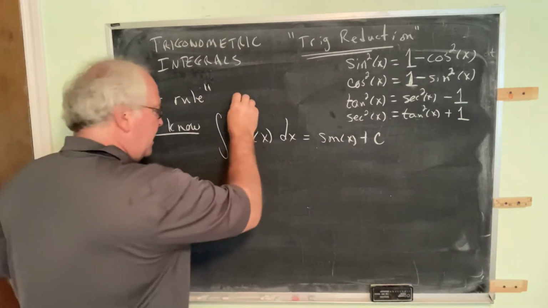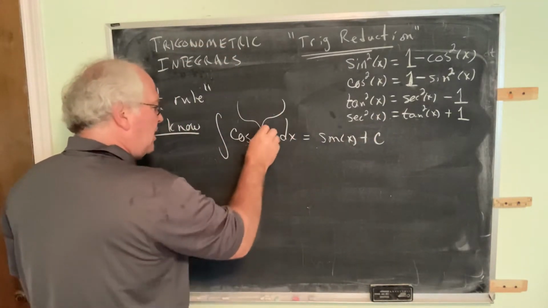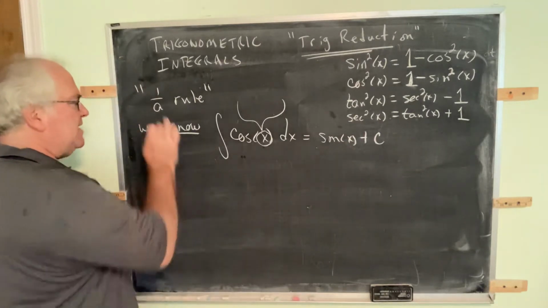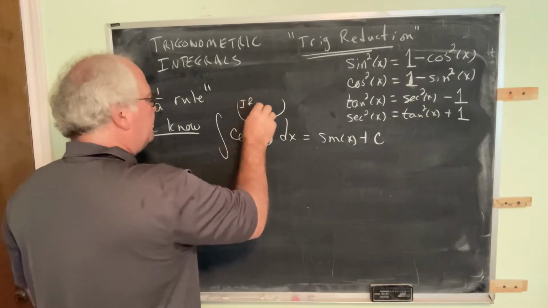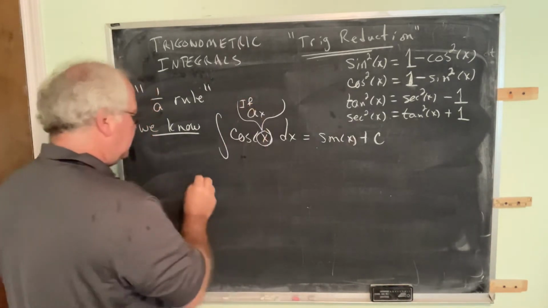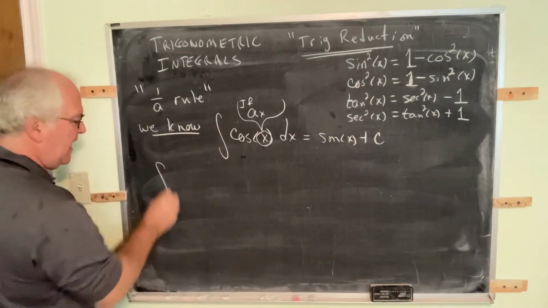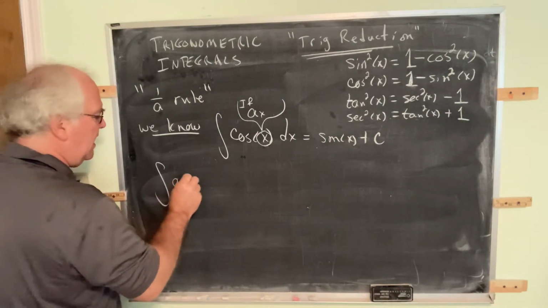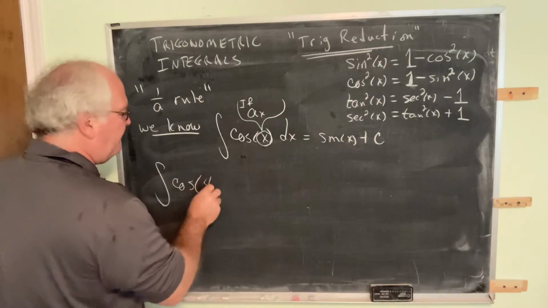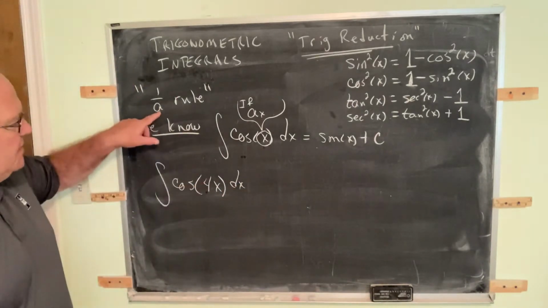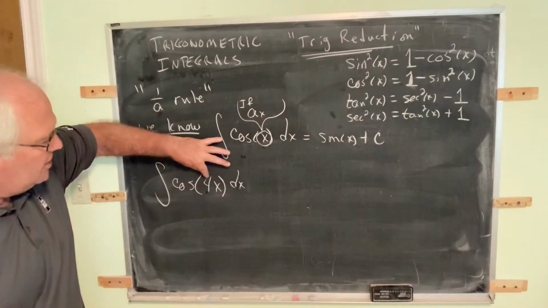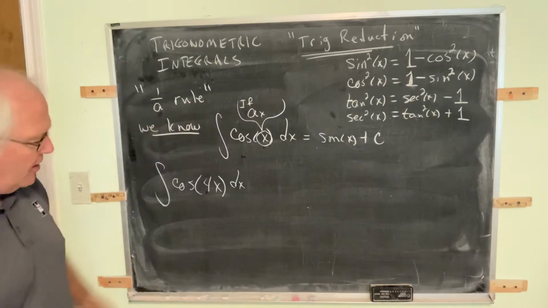But the point is, if this argument has a constant multiplier, if this is a times x, so let's do a specific case. Suppose we have cosine, and let's say it's 4x. This is why I'm calling this the 1 over a rule. This coefficient is my lowercase a in this expression.